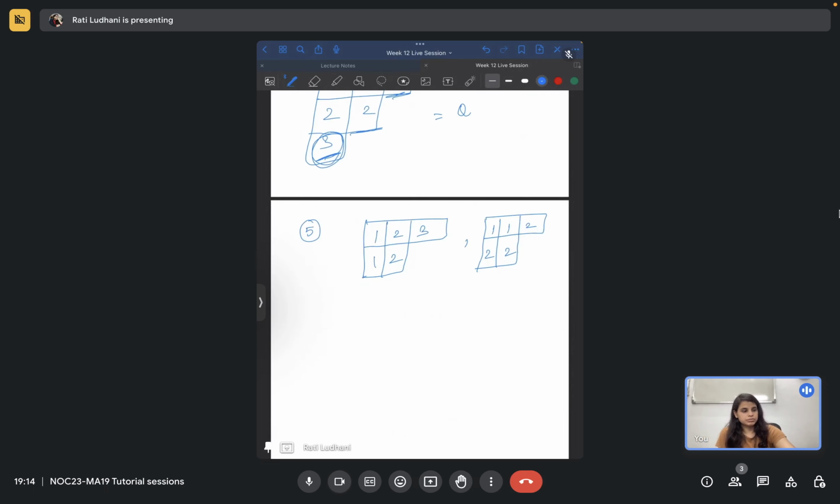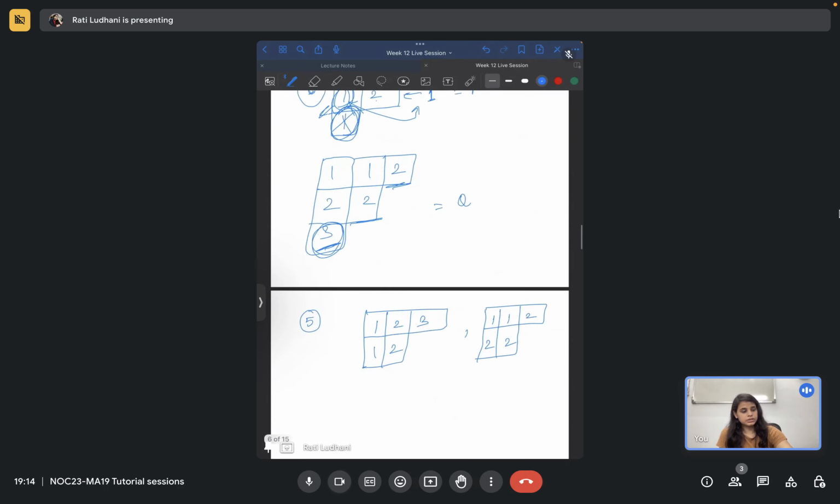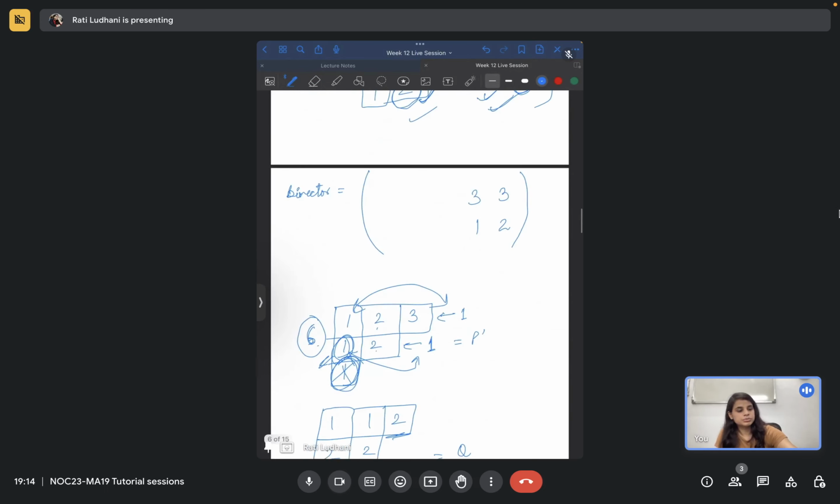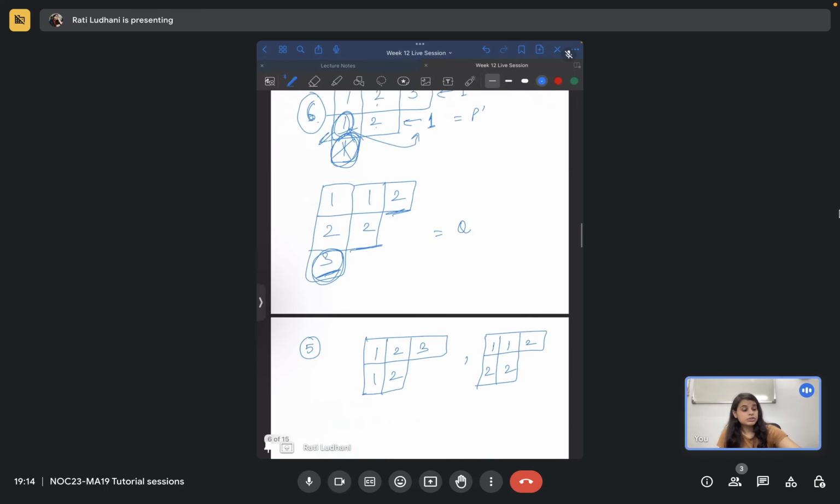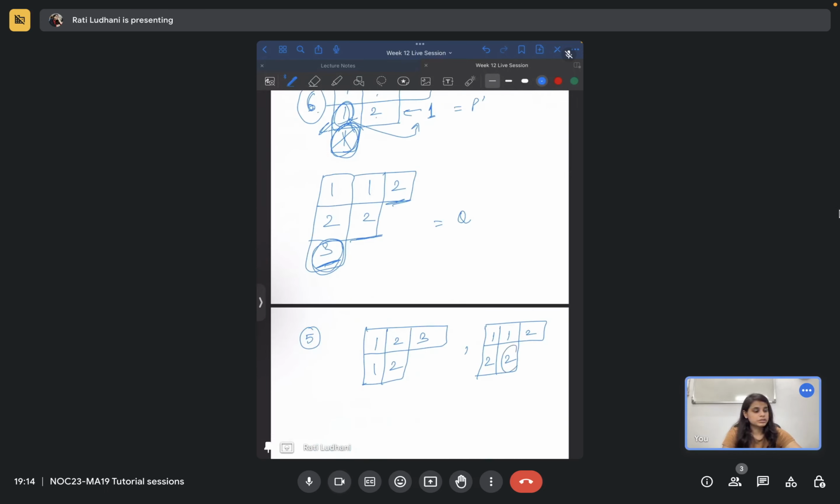Okay, now let's see the next number. What must be the next number? The next number is 2, because in Q you are looking for the next row number you must have inserted. You are going from the right, so this must be 2. Now let's see which 2 you are looking at. As we have seen, we consider the rightmost one.